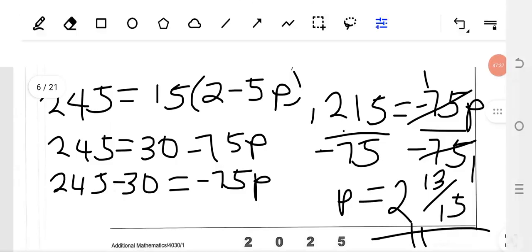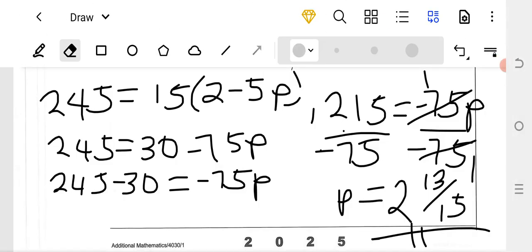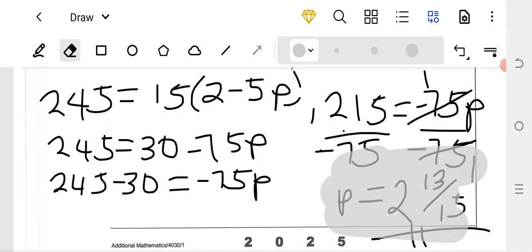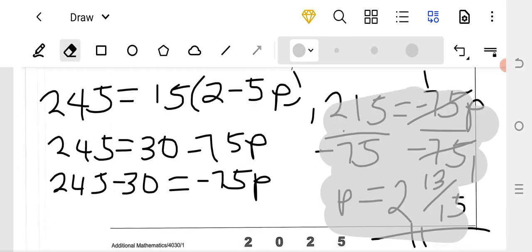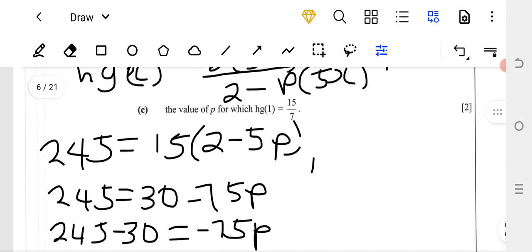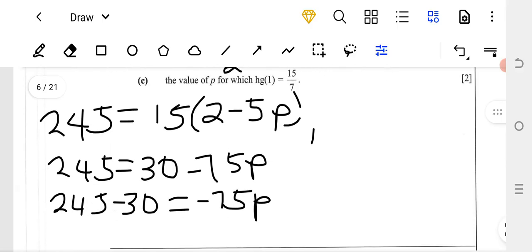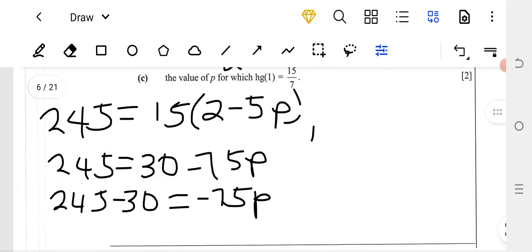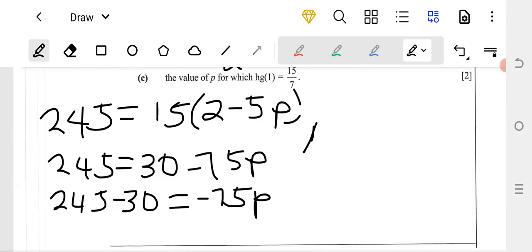Okay, so let's continue. I was just looking at the working and just saw, no, I made a mistake. Okay, I'm so sorry for that. I was trying to multiply things in my head, then I was doing the wrong thing actually. So here, if you remember very well, it was 7 multiplied by 15.